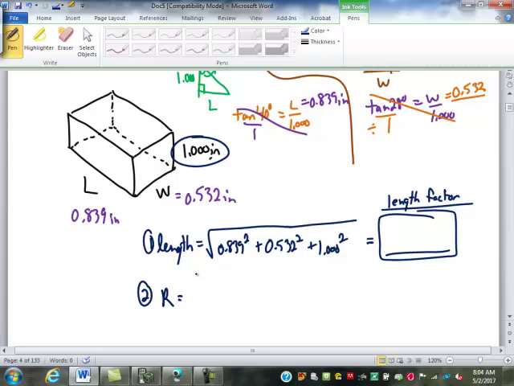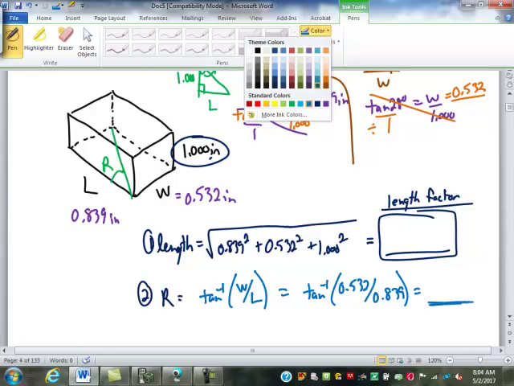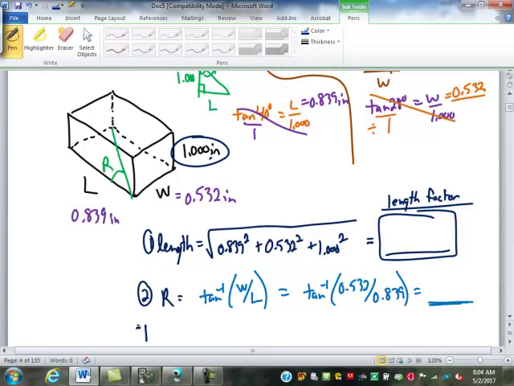My angle of rotation, again, that's this angle here, R, is still going to be simply the inverse tangent of W over L. So the inverse tangent of 0.532 over 0.839. That does give us the actual angle of rotation, no matter what our thickness is. And finally, T, again, this angle up here.